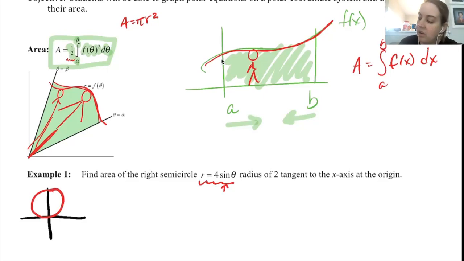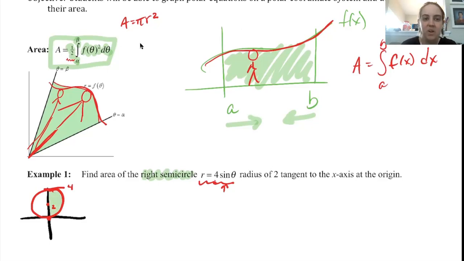So there's my circle. 4 is the distance all the way up to here. Radius of 2, so 2 kind of happens in the middle. Tangent to the x-axis, so we're definitely tangent to the x-axis, and we're passing through the origin. Now it says semicircle. So this is the semicircle piece that we're talking about, a right semicircle. So we're only in that first quadrant.